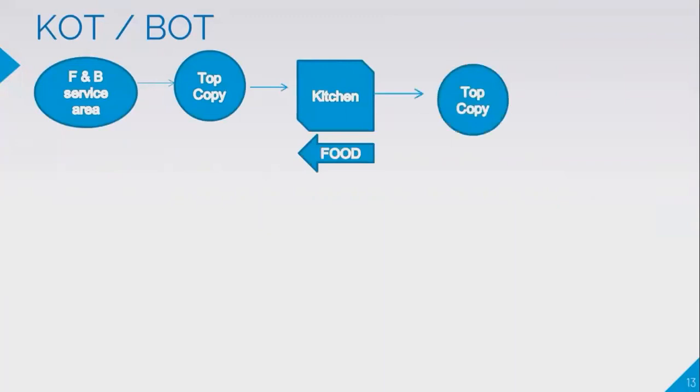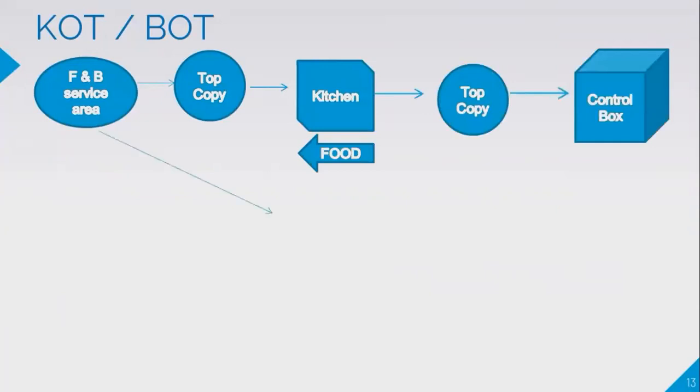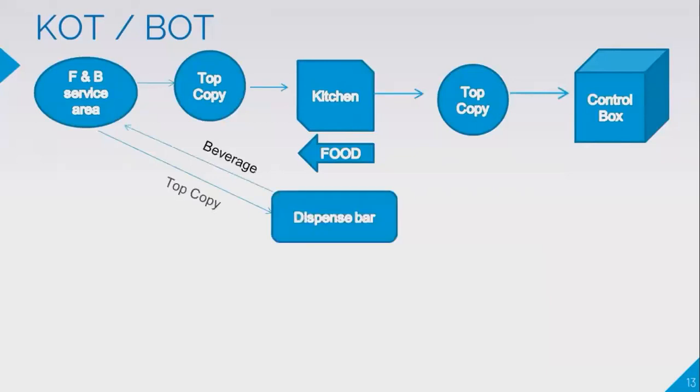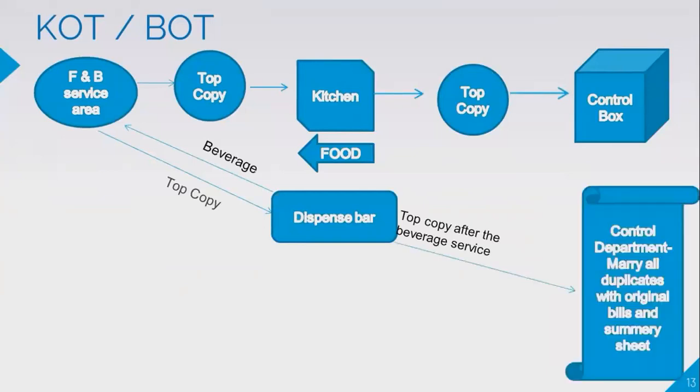The same top copy of KOT is going to go in the control box. Now when we have beverage order from the restaurant, BOT is going to come to the dispense bar. In return, beverages are going to be served. The top copy of the BOT is going to be sent to the control department.